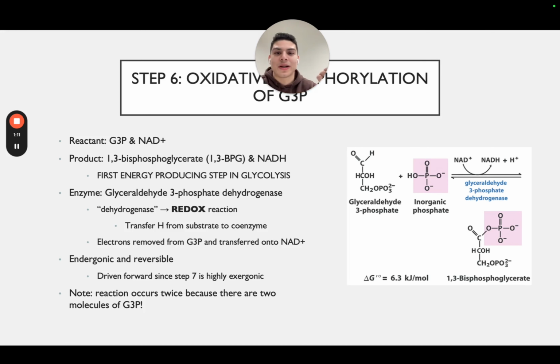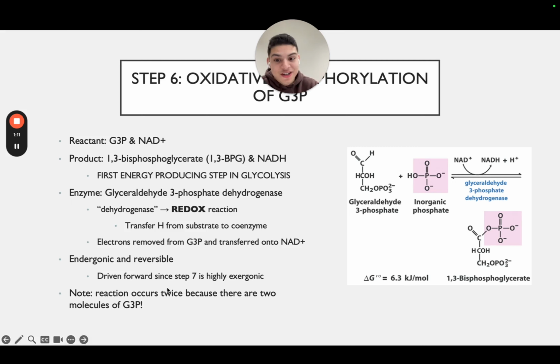Think of that whenever you hear the word dehydrogenase in an enzyme. And again, we're transferring the H from the substrate to our coenzyme, right? And electrons are removed from G3P and transferred onto NAD plus. And this step is endergonic and reversible, but it is driven forward since step 7 is highly, highly exergonic. So it's almost like we're removing the products right away.